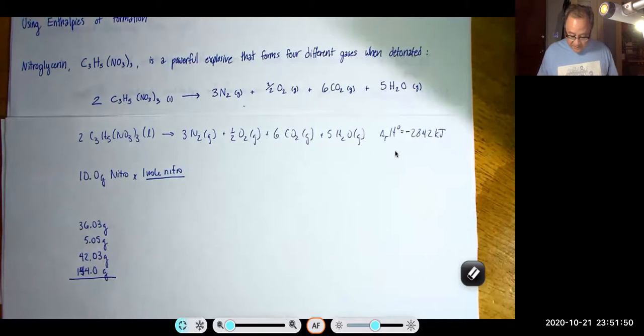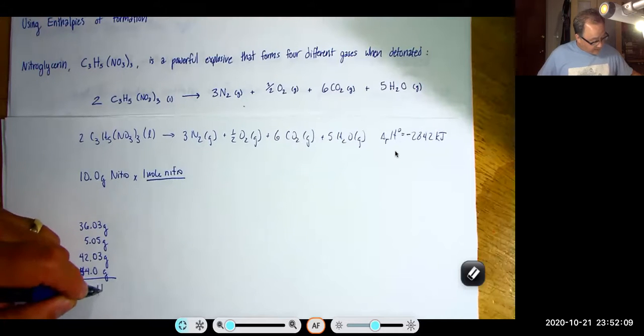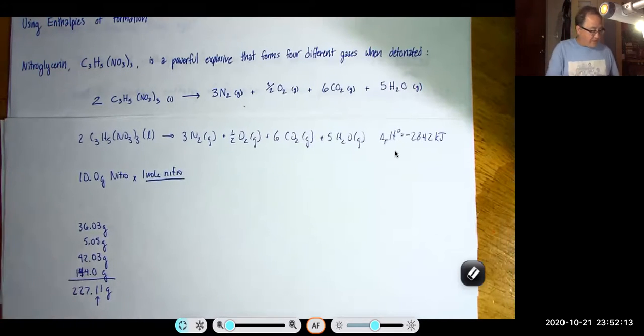So I'm going to add these numbers together: 144.0 plus 42.03 plus 5.05 plus, excuse me, 36.03. So we get 227.11 grams, and we would round to there because of this 144.0.